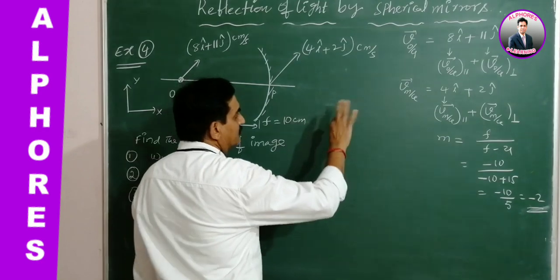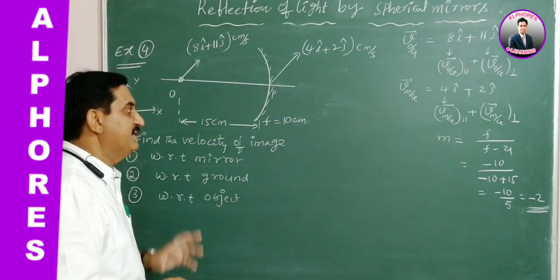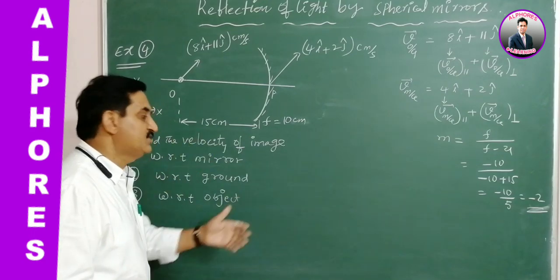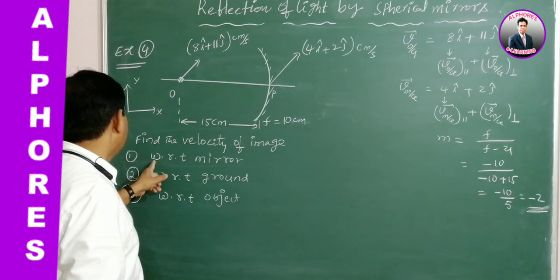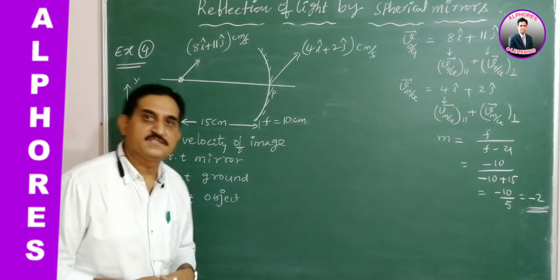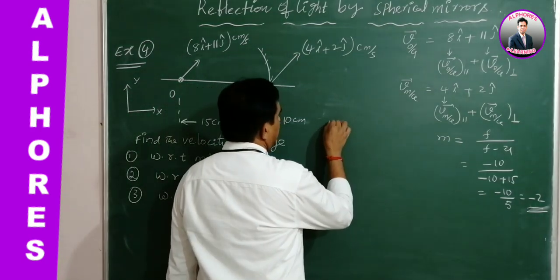So all the data which are given in the problem are listed one by one, and going for the first question, with respect to the mirror, what is the velocity of image in the concave mirror? Question number 1.